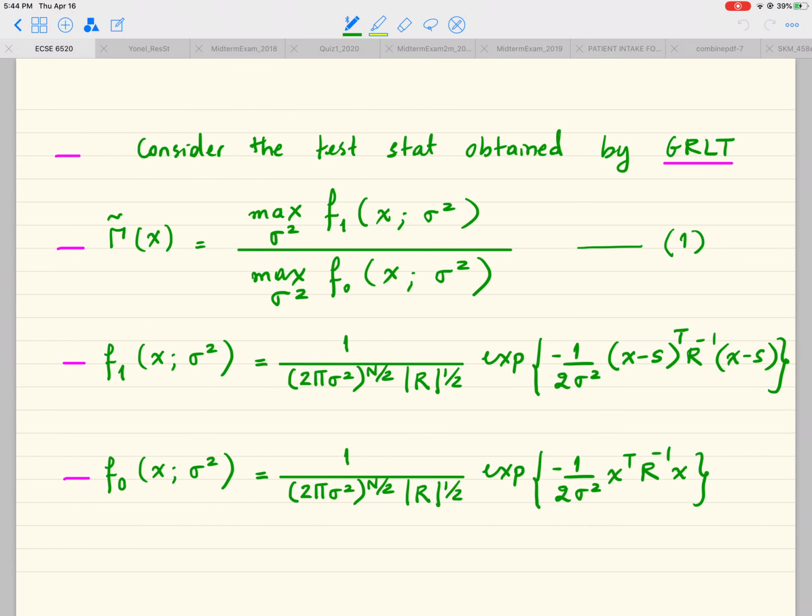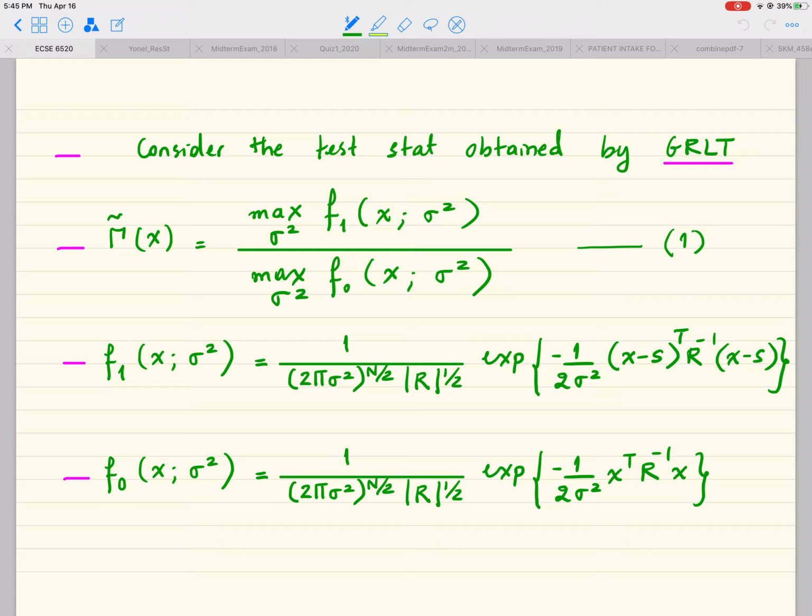Now next we may consider the generalized likelihood ratio test, to see if we can obtain a CFAR test using the generalized likelihood ratio test principle. So to form our test statistic, we simply form the likelihood ratio, but since the conditional distributions depend on sigma in both cases, we estimate sigma by means of the maximum likelihood principle and plug our estimate back into the conditional distributions.